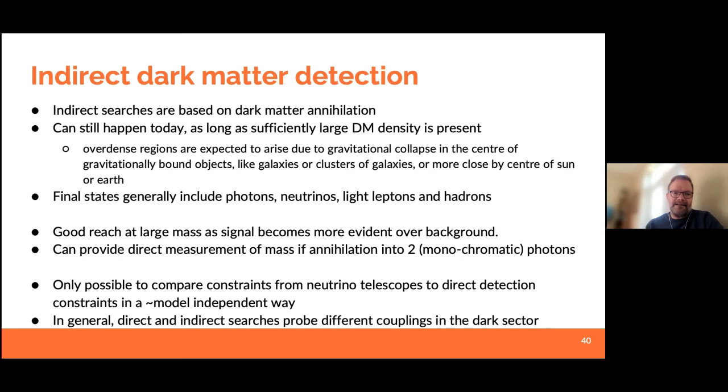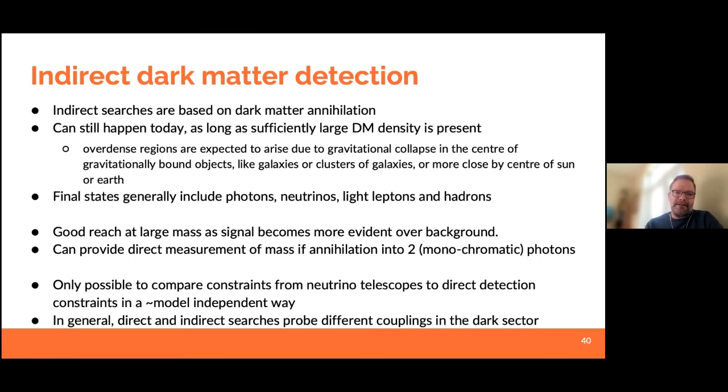And in the case where we have an annihilation straight into two photons, they would be monochromatic, and each photon energy would correspond to the mass of the dark matter particle that annihilated. So this would be a quite striking, clean signal, because you get a nice peak rather than a spectrum.